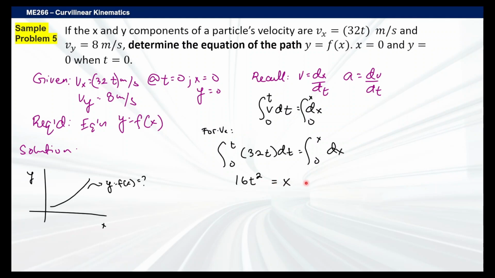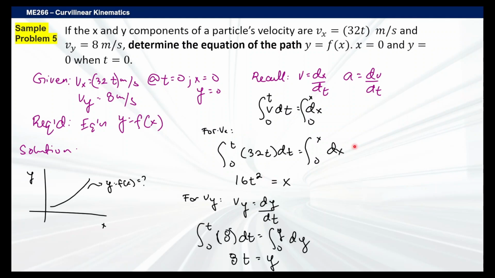So that's our x, and then for the y, all we have to do is get vy dt. So vy here is 8 meters per second, so 8 dt from 0 to t, so that will be 8t, which equals y. Okay.